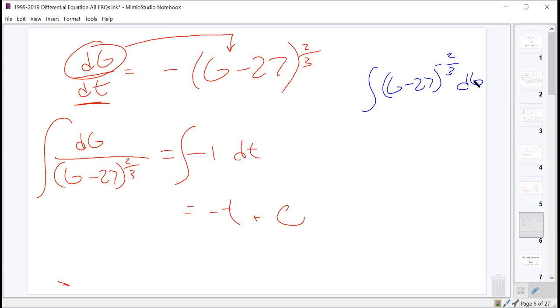The G minus 27 makes us do a u sub. So we're going to let u equal G minus 27. And then we'll note that du is just dG. So we really end up with the integral of u to the -2/3 du. Everybody's good with that? I hope. At home, are you good with that? Yep. Anybody have any questions on that at home?